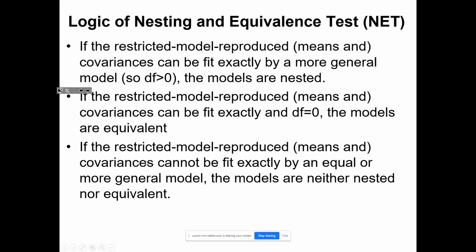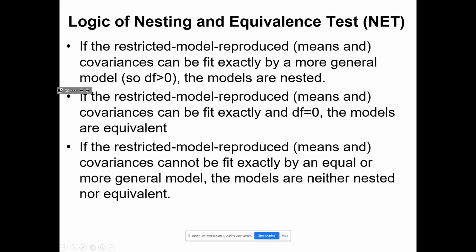But if you're doing this for nested models, these two models are going to have different degrees of freedom. And then it's going to be really important that you start with the more parsimonious model. Because think about it, you got to get the model implied variance covariance matrix from the more parsimonious model. And then you fit this other model that has extra parameters, and it should fit at least as well, so it's going to have a chi-square of 0.